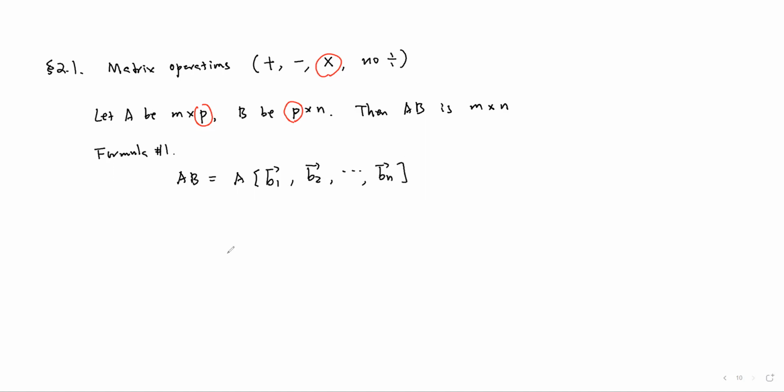Then distribute A to each column. Then it is A times B1, A times B2, and A times Bn. I remember we have a homework problem about how to use this formula to compute A times B. Review your homework, okay?